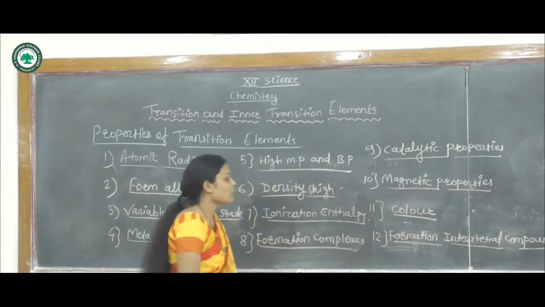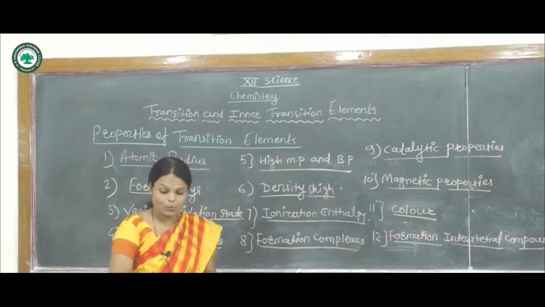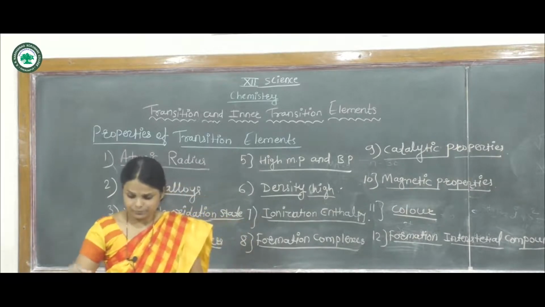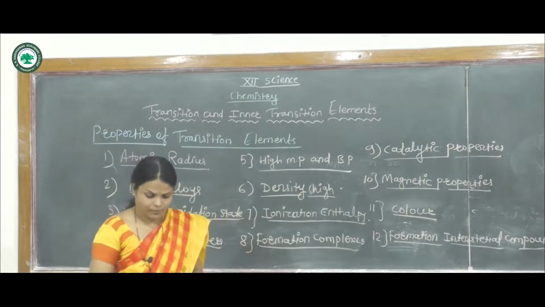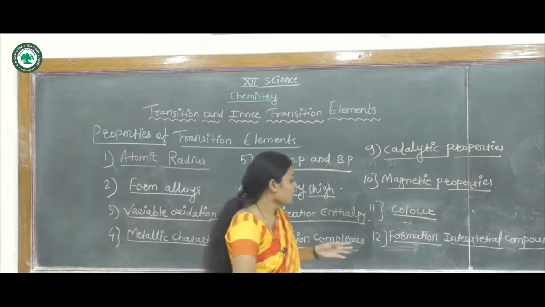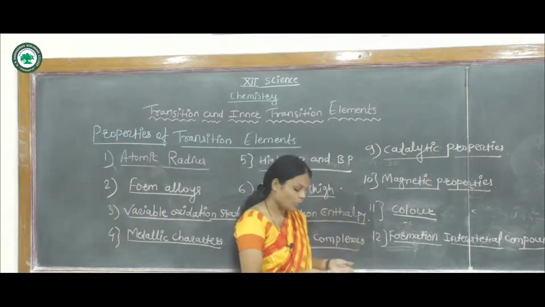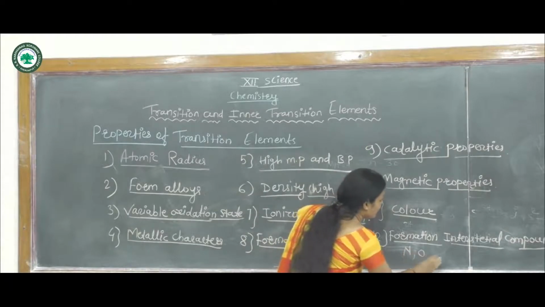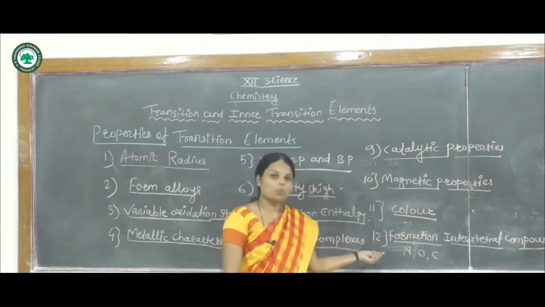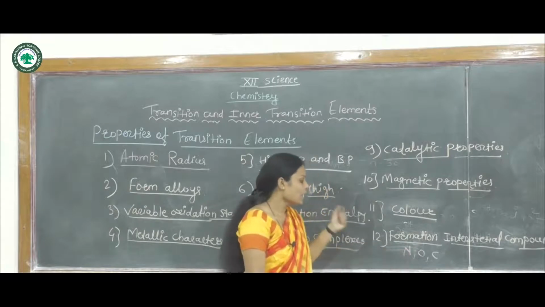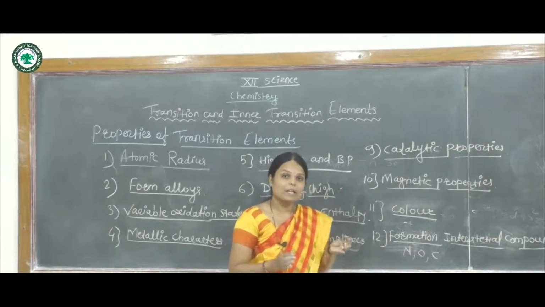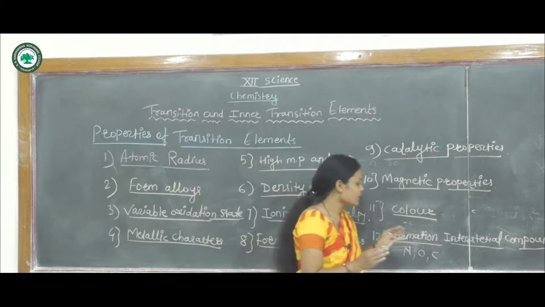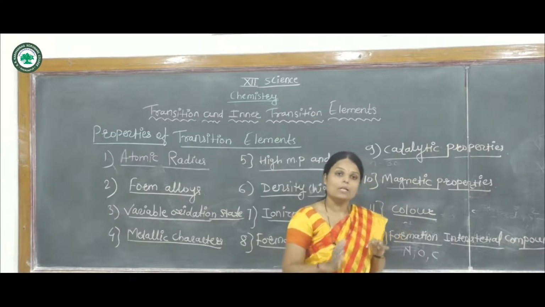It can show the formation of interstitial compounds, in which small atoms like nitrogen, oxygen and carbon, the smallest atoms, can occupy the interstitial space in the crystal lattice.